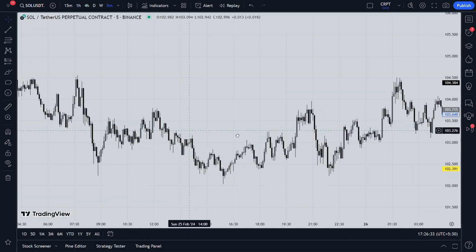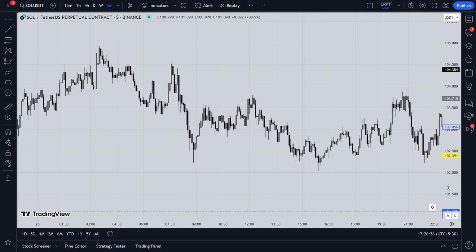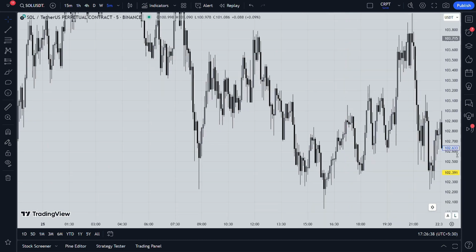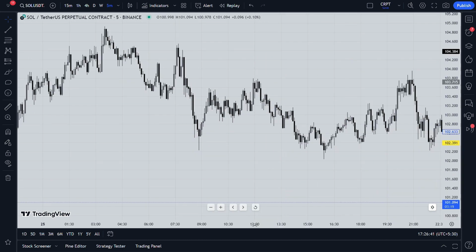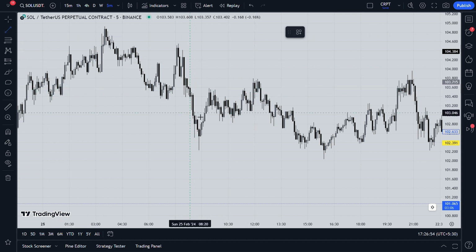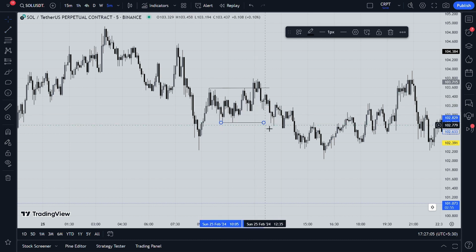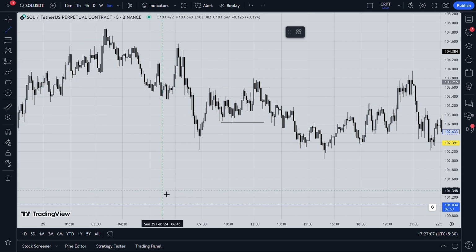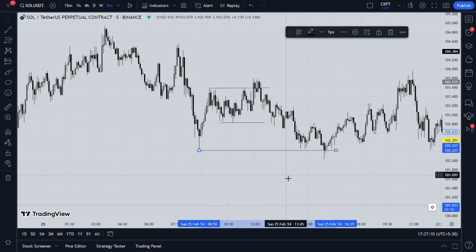Now let's go to some more examples. See, this is 12, yesterday's 12, and let's say we entered the market at this moment, 11:55, 11:50, and we saw that this is a high, and we saw these lows also, and this low also.